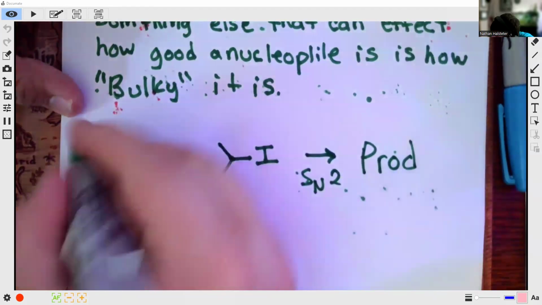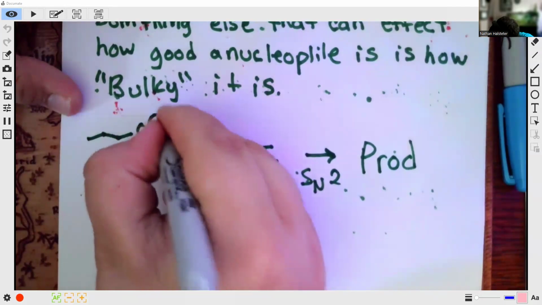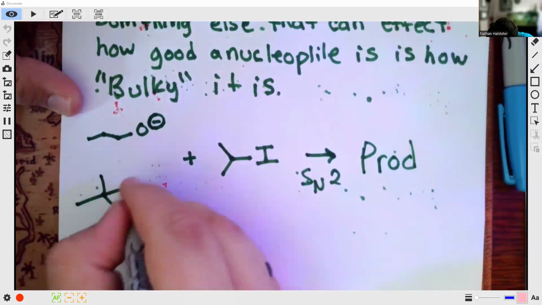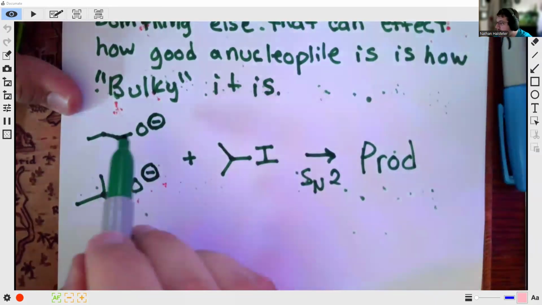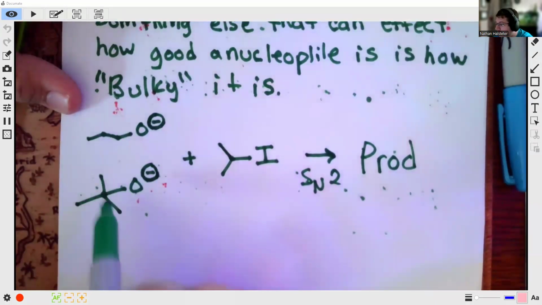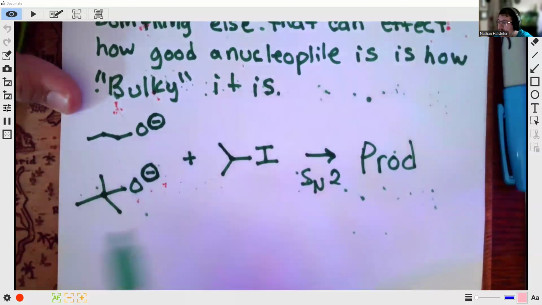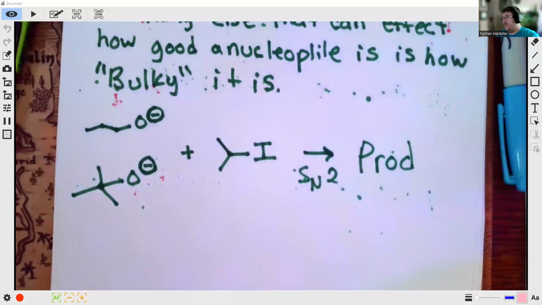What's less bulky? This or something that looks like this? Is our propyl group bulkier or our t-butyl group bulkier? Hopefully, this is relatively intuitive from what we've learned. The t-butyl group has a bunch of different carbons off of one carbon. This is a relatively straight chain. This is a big bulky group.